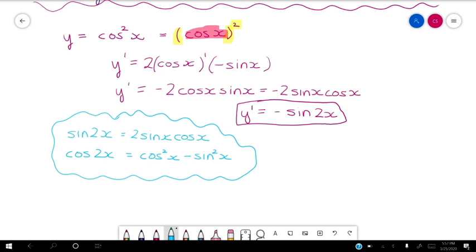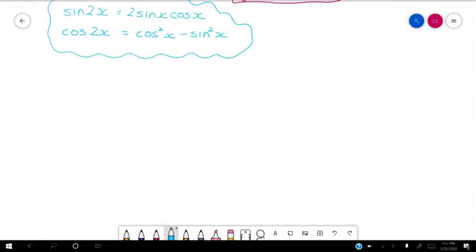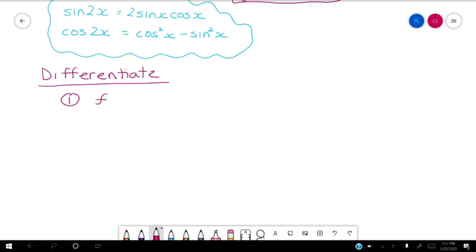All right, guys, let's have you all do some of these differential problems. So let me write them out, and the instructions would be like differentiate, find the derivative, something like that. And I'll give you 2, and then pause it and see if you can work out your solutions.